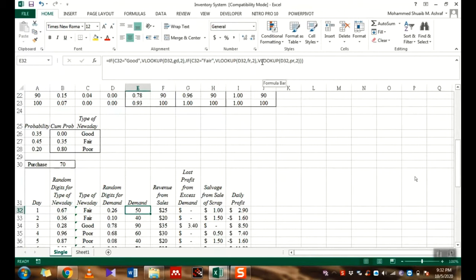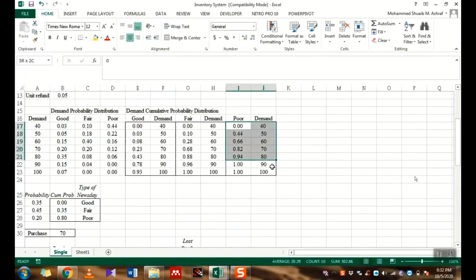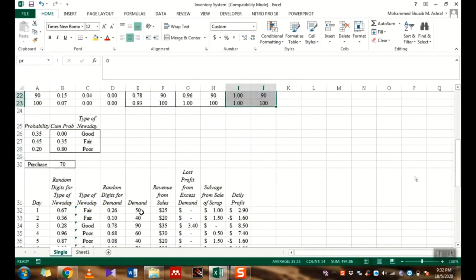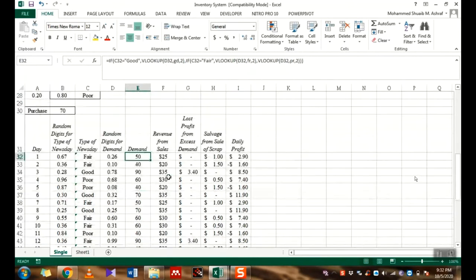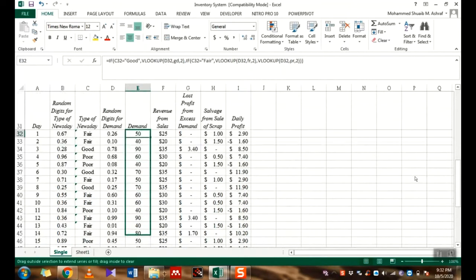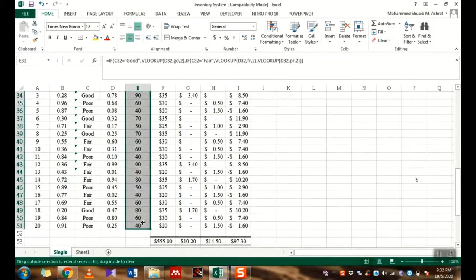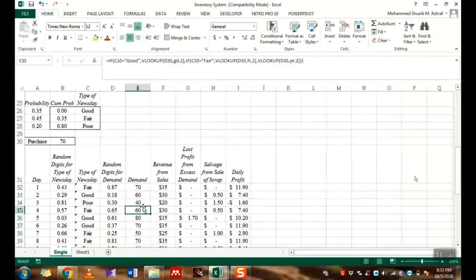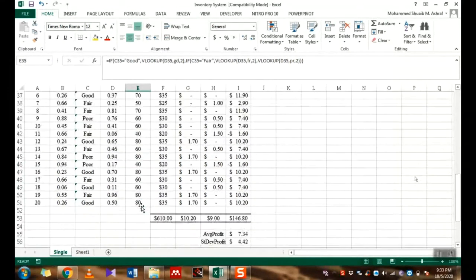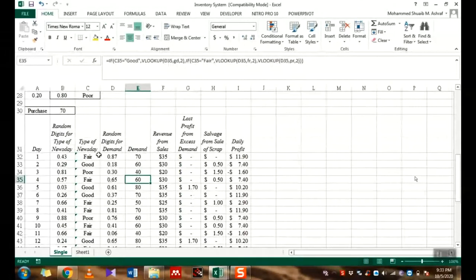And if, of course, poor, we will look up this. You can see. Okay. This will be applied to all the cells, and the demands for these 20 days depending upon the type of news day will be generated.